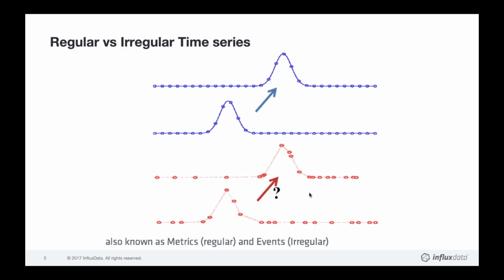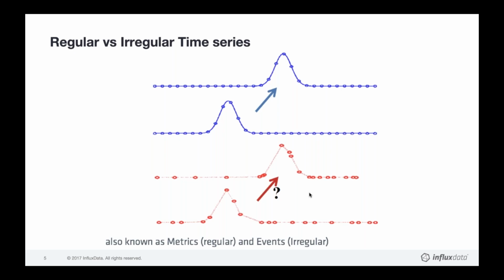So is everything that has a timestamp time series? No. To be time series, it needs to be a collection of measurements of the same thing, exactly the same thing over time. And that's what makes a series. And series can be regular or irregular.